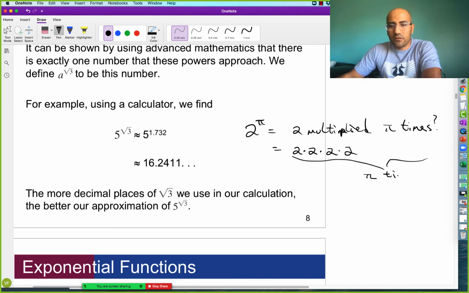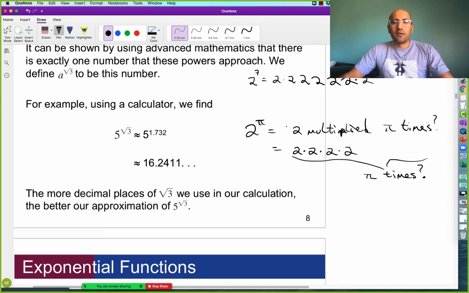This kind of definition just doesn't really make sense. What the heck does that mean? This works when we had 2 to the 7th power, that was 2 times 2 times 2 times 2 times 2 times 2 times 2, 1, 2, 3, 4, 5, 6, 7. But it doesn't work with pi. So what do we do?